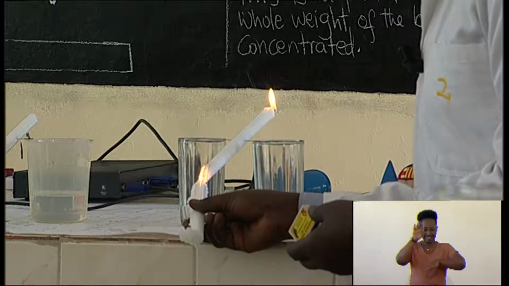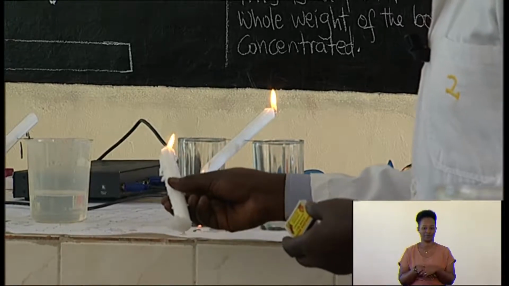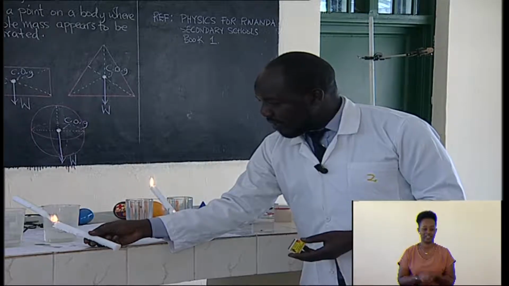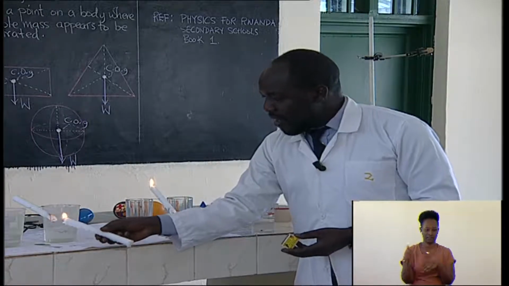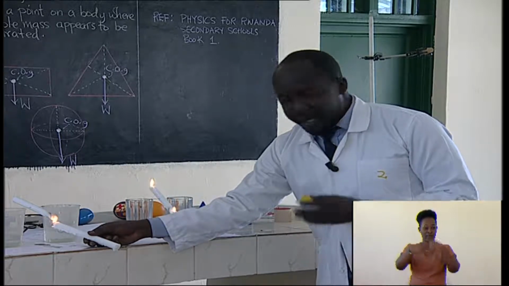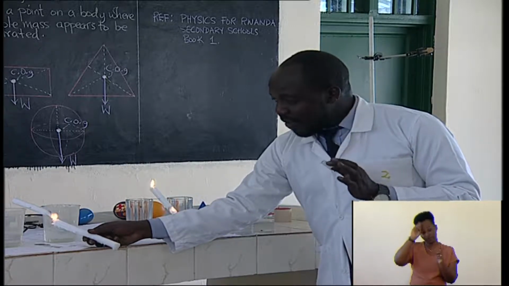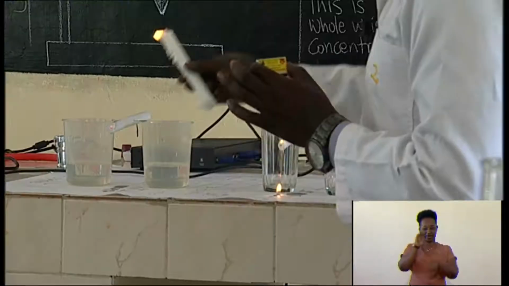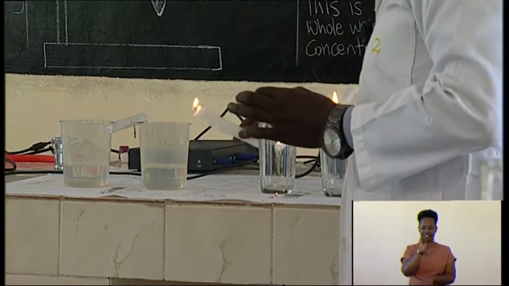So let's just set the candle burning. Okay? That should catch fire. I'm also going to set the other one burning. We will come back to this experiment as we move through the lesson. But remember, we have started when the candle is in equilibrium. Let me also set the other one on fire.